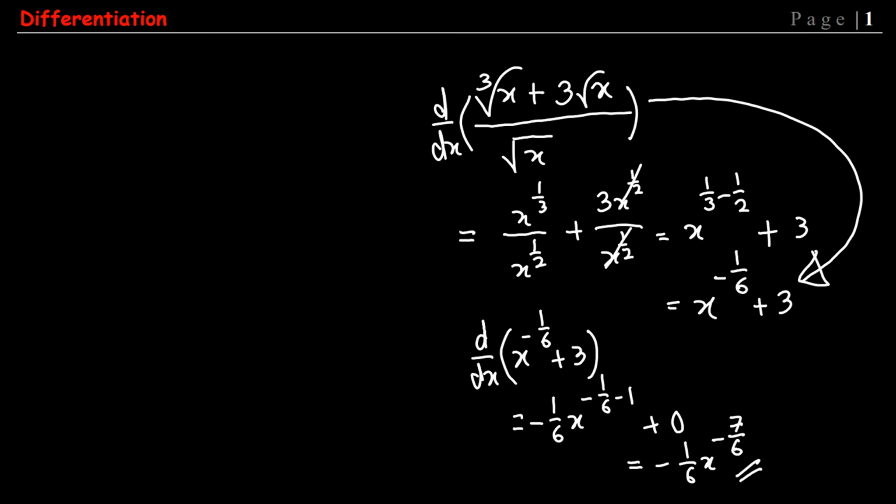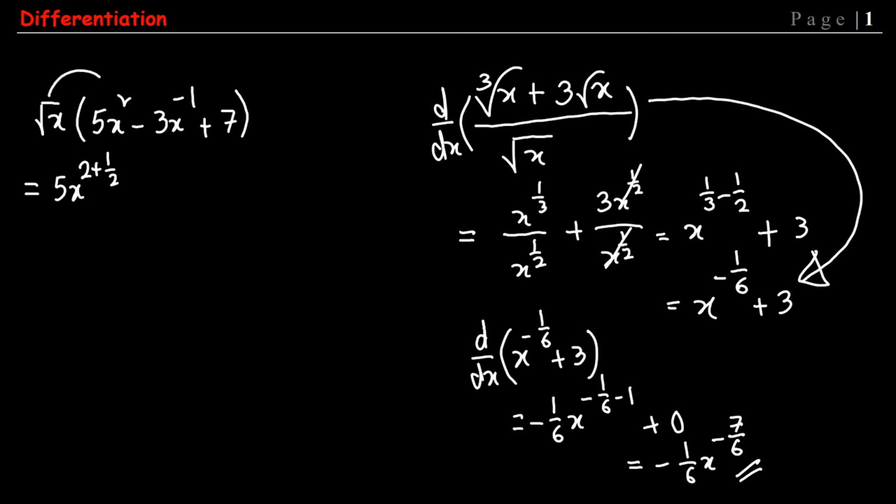Next, say root x, and inside something is written there: 5 x square minus 3 x to the power minus 1 plus 7. Just remove the bracket from here. It gives us 5, according to the rule of indices, 2 plus half we need to write, because if I multiply with the half and this one, we are going to add the power.